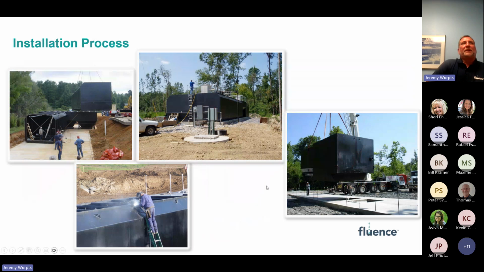So a little more detail about the installation process. This is an example on the left-hand side of a double wide installation. This is where they'll set the tank down, and those windows there where they're welded together to create the one larger zone for aeration.